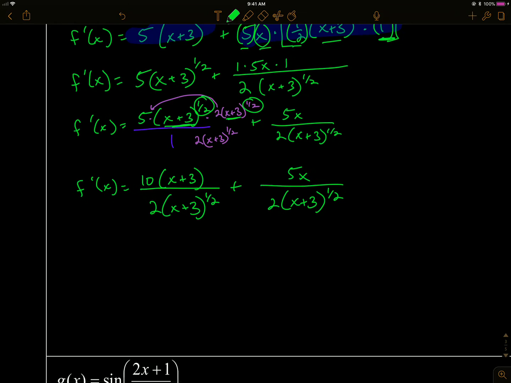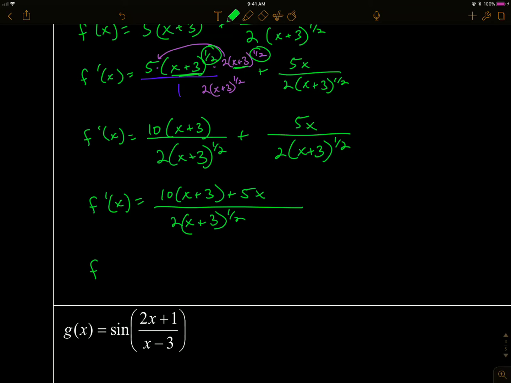Now I can rewrite this as one fraction. 10 times x plus 3 plus 5x all over 2 times x plus 3 to the 1/2. Now we can multiply out the top and simplify a little bit. So I've got a 10x plus 30 plus 5x all over 2 times the square root of x plus 3.